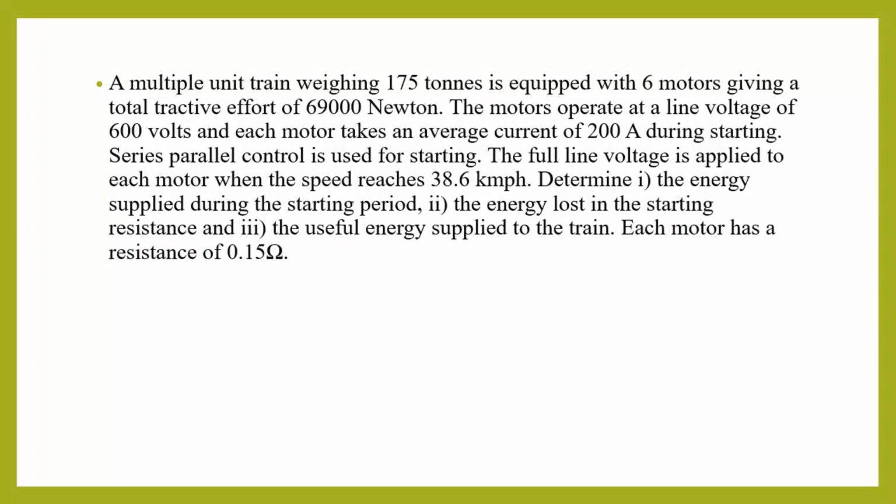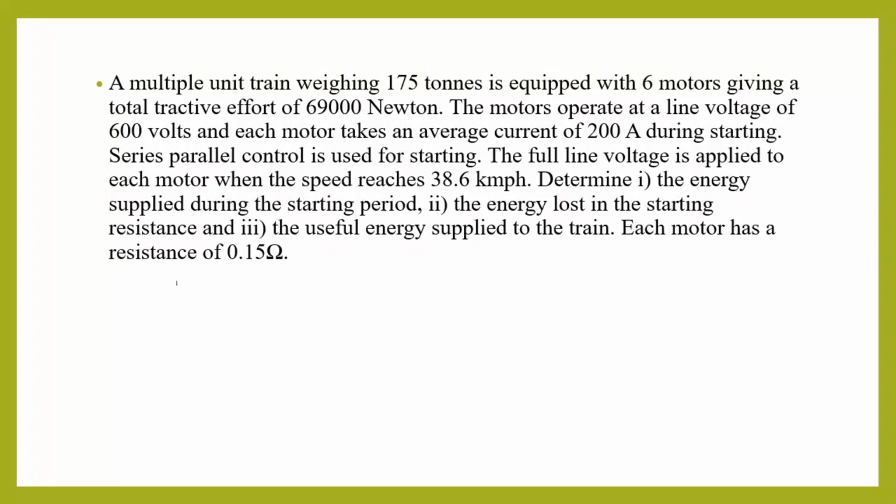Series parallel control method is used for starting. The full line voltage is applied to each motor when the speed reaches 38.6 km per hour. Determine the energy supplied during the starting period, energy lost in the starting resistance, and the useful energy supplied to the train. Each motor has a resistance of 0.15 ohms.